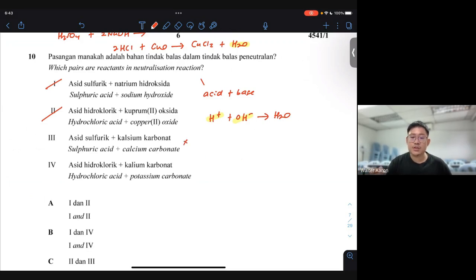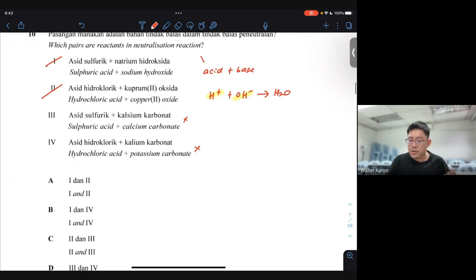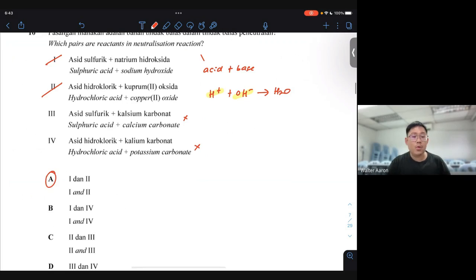This is a reaction between a metal carbonate and sulfuric acid, so that's not considered a neutralization reaction. And for hydrochloric acid and potassium carbonate also, technically there's no hydroxide ion and hydrogen ion combining together. So the best answer here is A, 1 and 2.